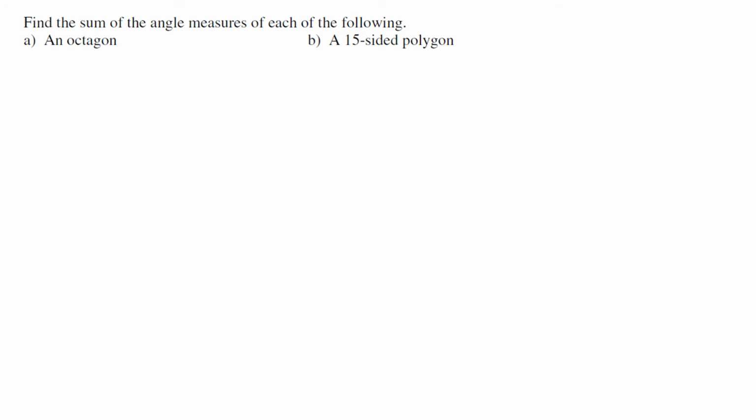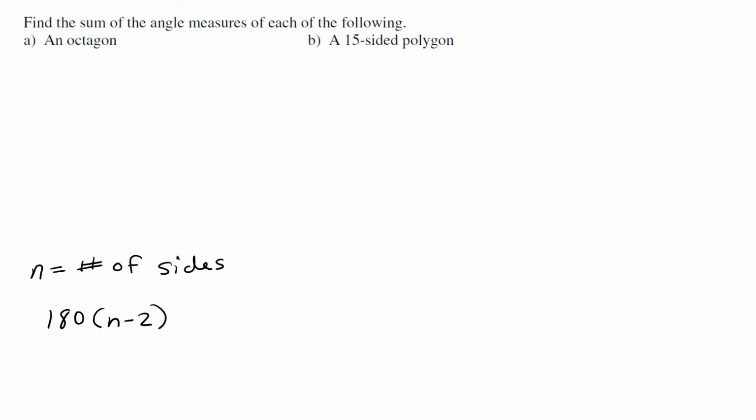One other thing to note here is that we can actually find the missing angle measure of any regular polygon, and that formula is always going to be 180 times n minus 2. And so n equals the number of sides.